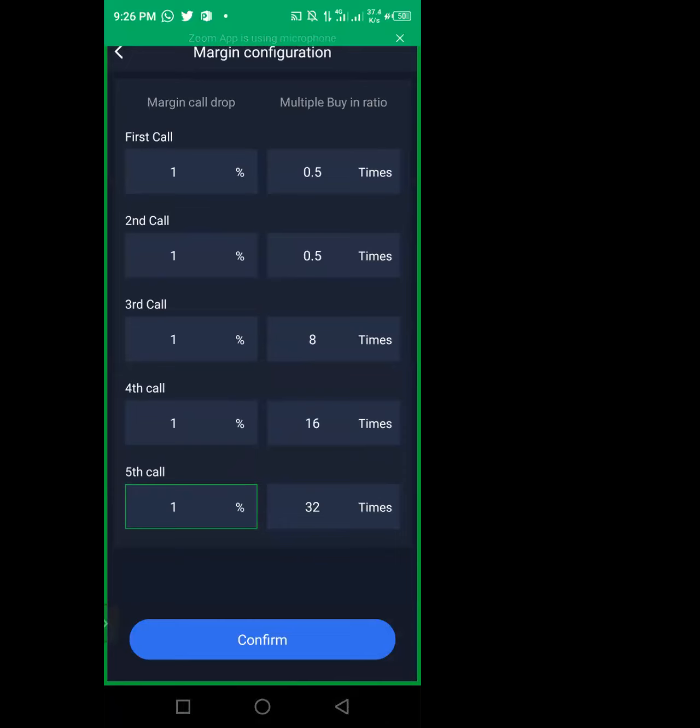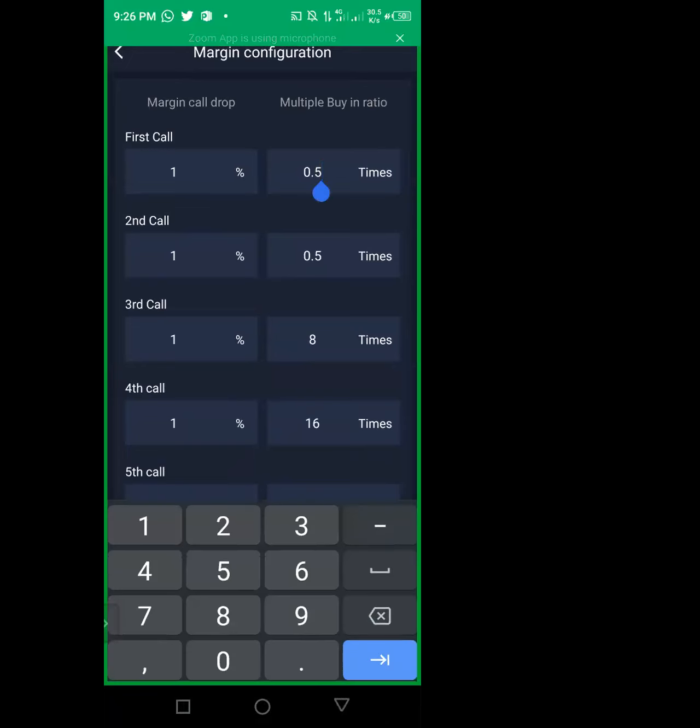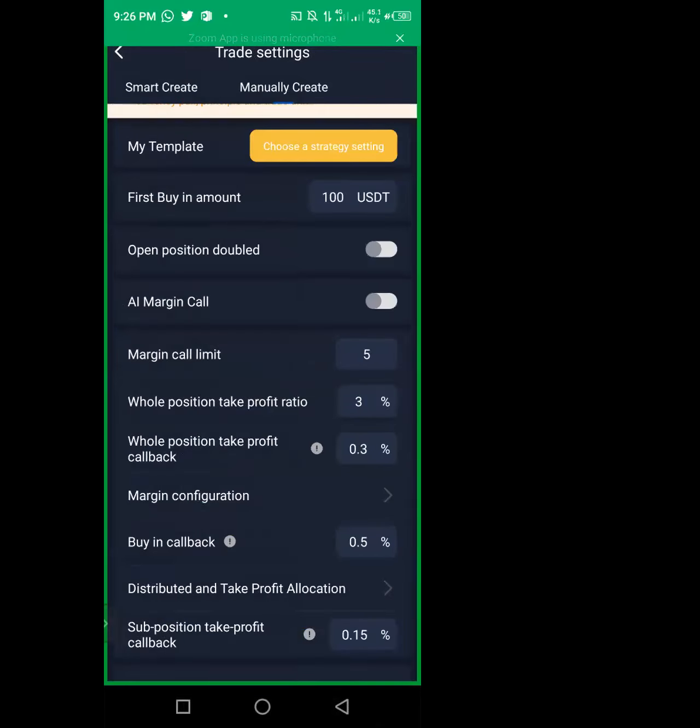Now, if the coin drops by 1%, the robot will activate my first margin call, which is this 1%. It will come here and use 0.5 times. Anything you put here, if you put 1, it will do 1 times your first buy amount.